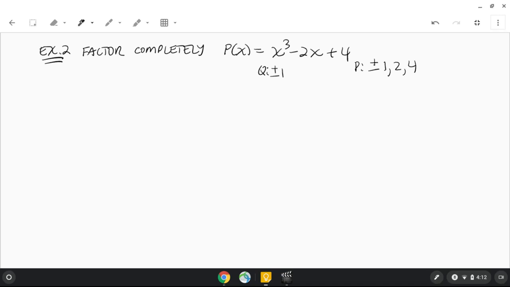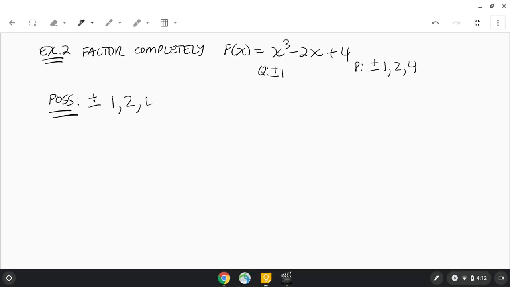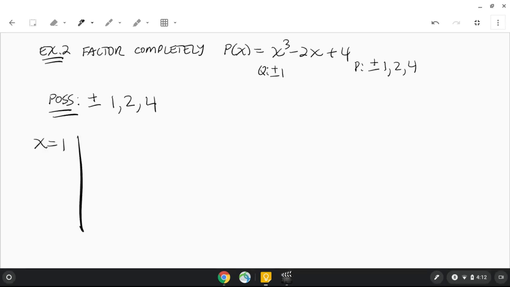So my possible zeros are all the positives and negatives of 1 over 1, which is 1, 2 over 1, which is 2, and 4 over 1, which is 4. I always like to start off with 1.